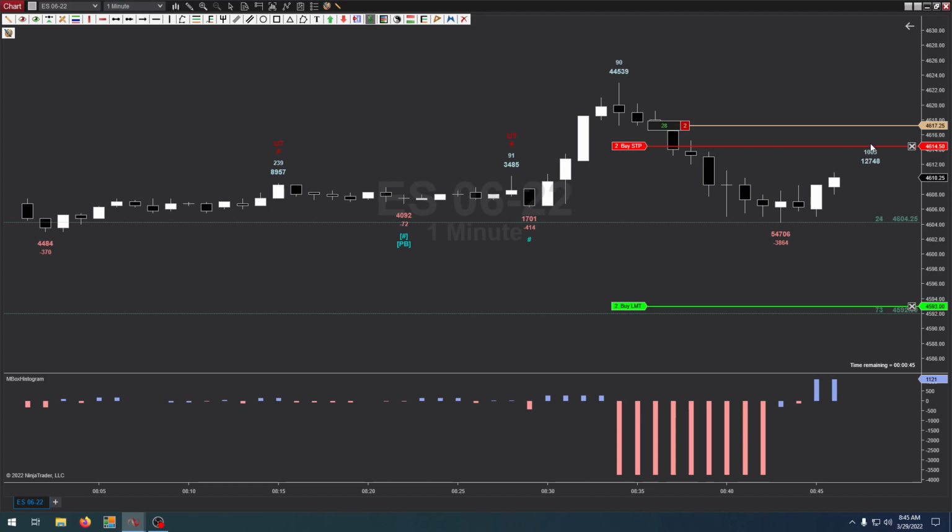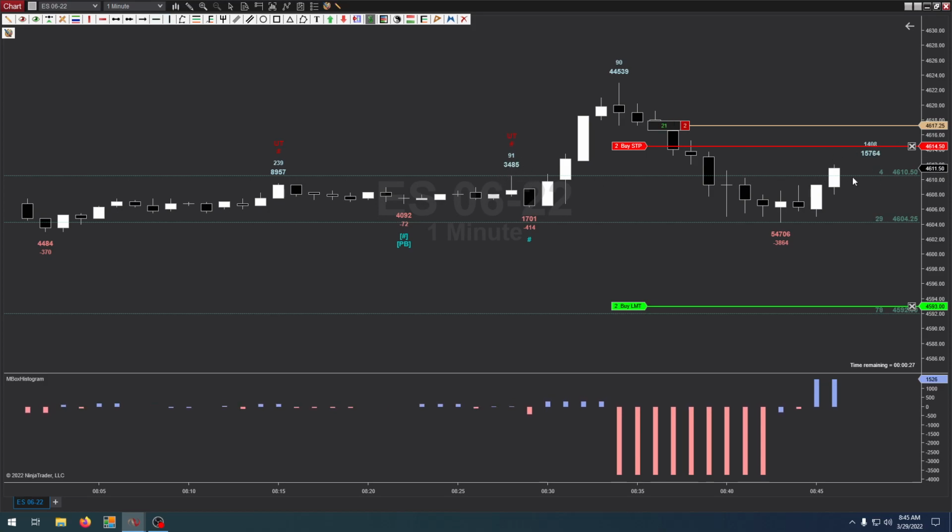And we're getting a large positive volume delta here. Looks like we got up to that swing high right there. See if that's going to hold as resistance. If not, it'll come up here and get us.